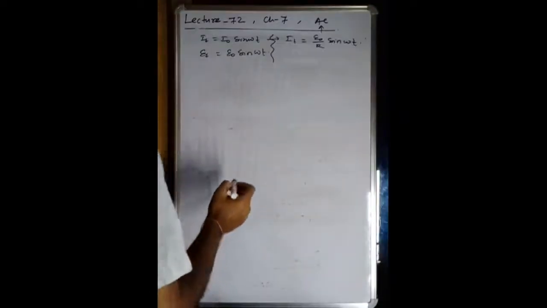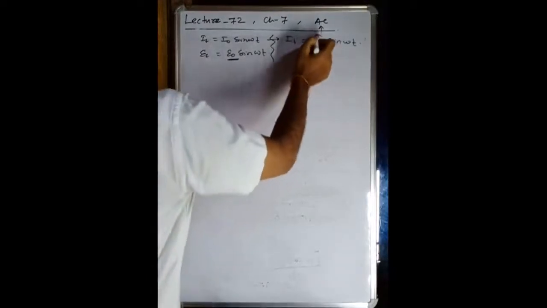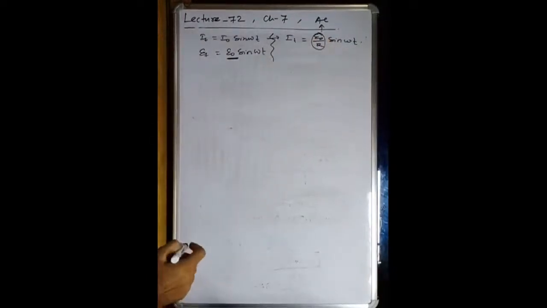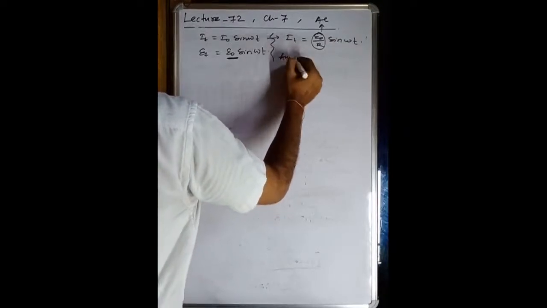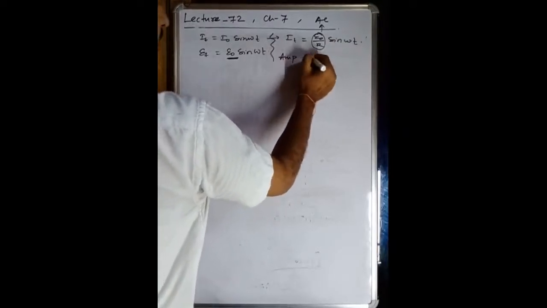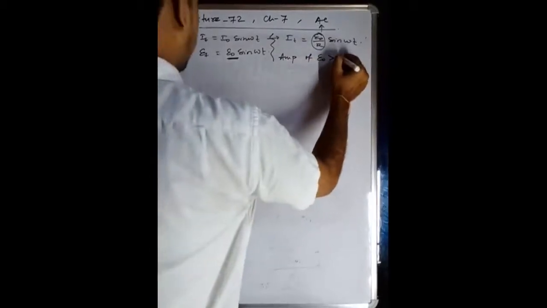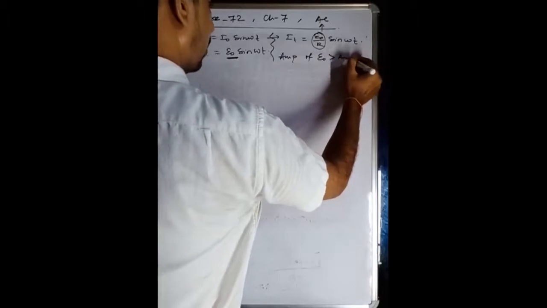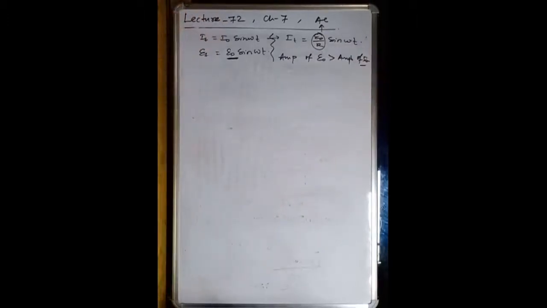It means the amplitude of E naught will be greater because the amplitude of I naught is 1 by R times that. So the amplitude of E naught will be greater than the amplitude of I naught. It will be helpful to draw the graph.